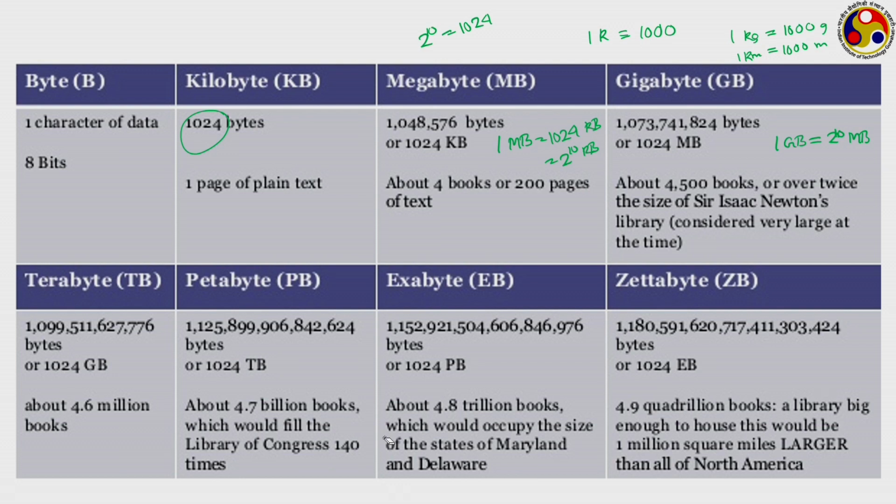That can be all the libraries of the world combined together. Then we can move to petabyte, exabyte, or even zettabyte units. This way we can form different units, and all of them refer to how much storage you are providing to store all these digital elements or digital numbers.